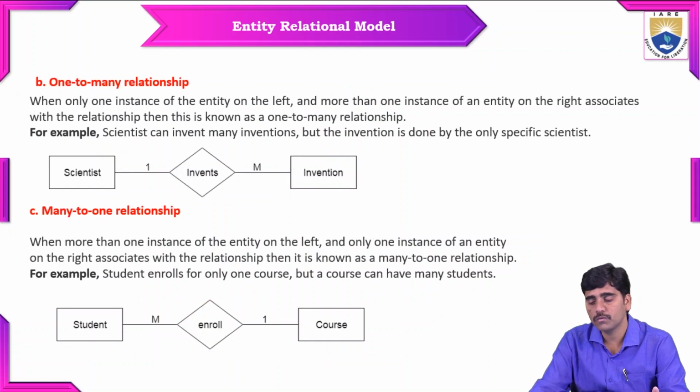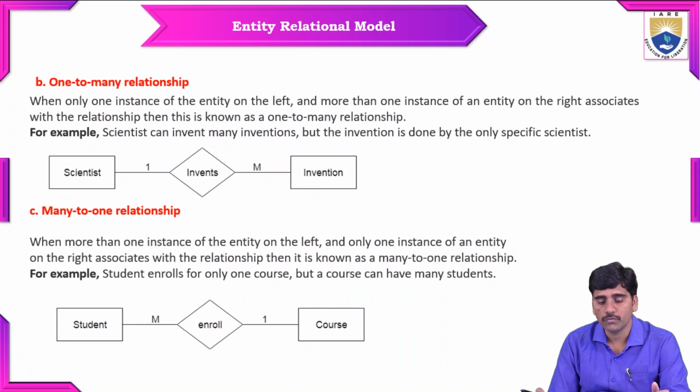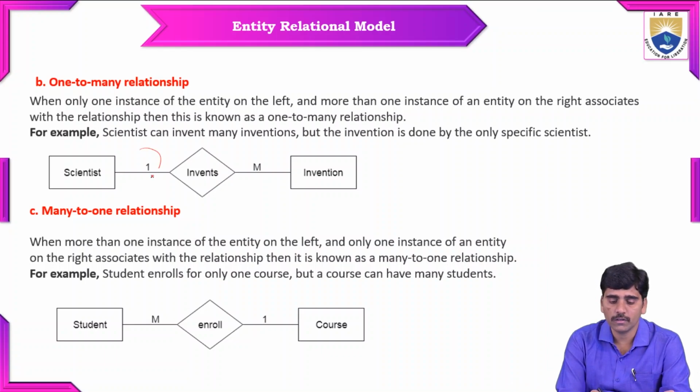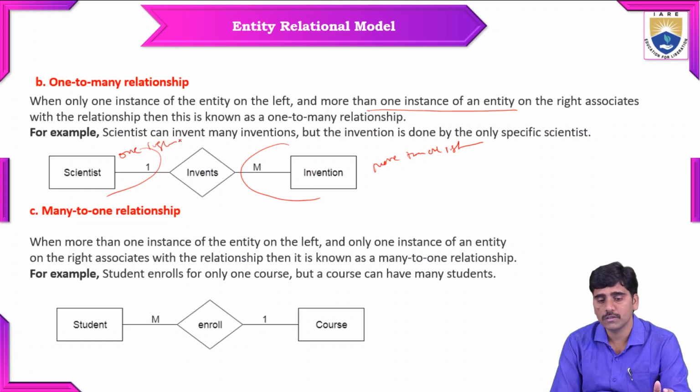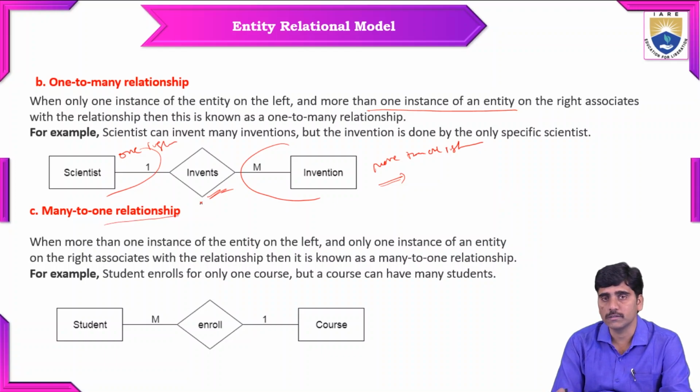The second one, one-to-many relationship. When only one instance of an entity on the left side and more than one instance of an entity on the right side are associated with the relationship, then it is called a one-to-many relationship. Similarly, many-to-one relationship.